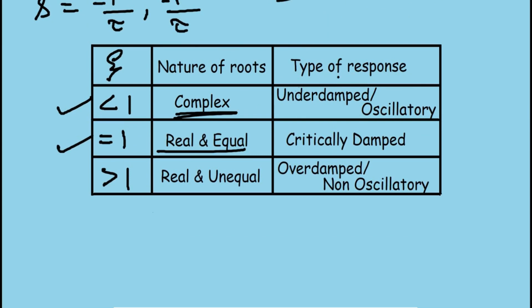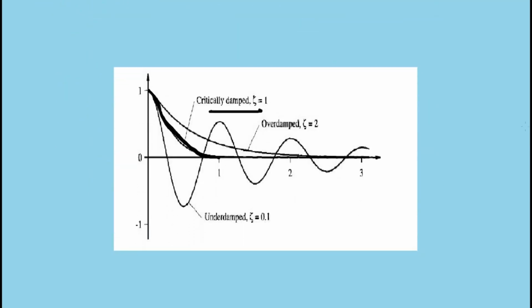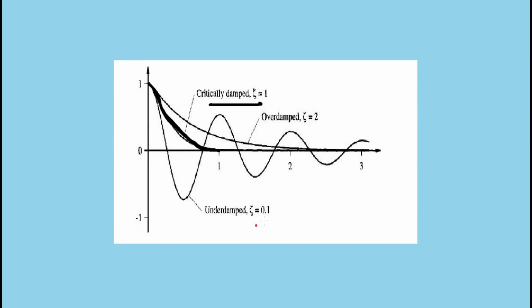So for complex roots, the type of response is underdamped, oscillatory. Here you can see when zeta is less than 1, that is 0.1 value of zeta, the response is oscillatory, that is underdamped. You can see that the one I am tracing with the red color, this is oscillatory behavior. It occurs when the response is underdamped, that is zeta less than 1.